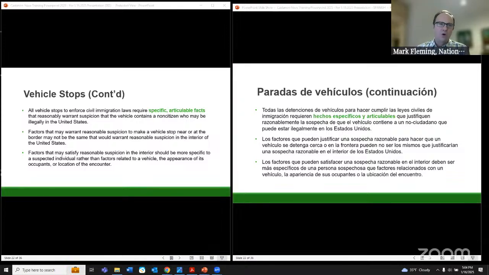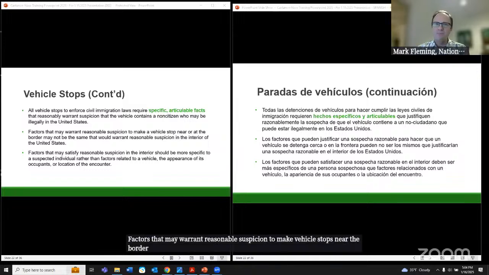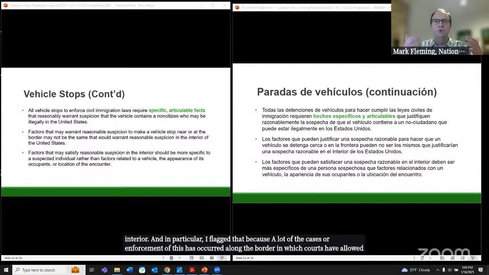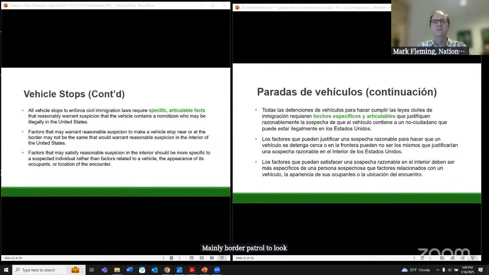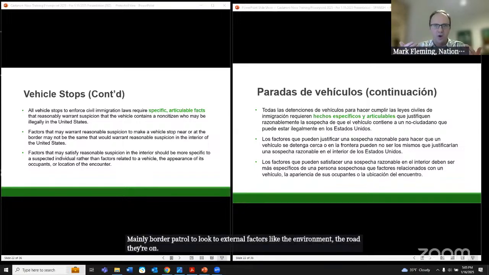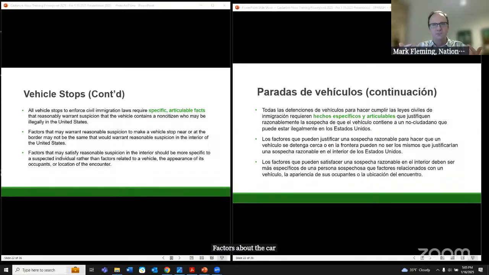Factors that may warrant reasonable suspicion to make vehicle stops near the border may not be the same as would warrant reasonable suspicion in the interior. And in particular, I flag that because a lot of the cases or enforcement of this has occurred along the border, in which courts have allowed mainly Border Patrol to look to external factors like the environment, the road they're on, factors about the car that led them to have reasonable suspicion.